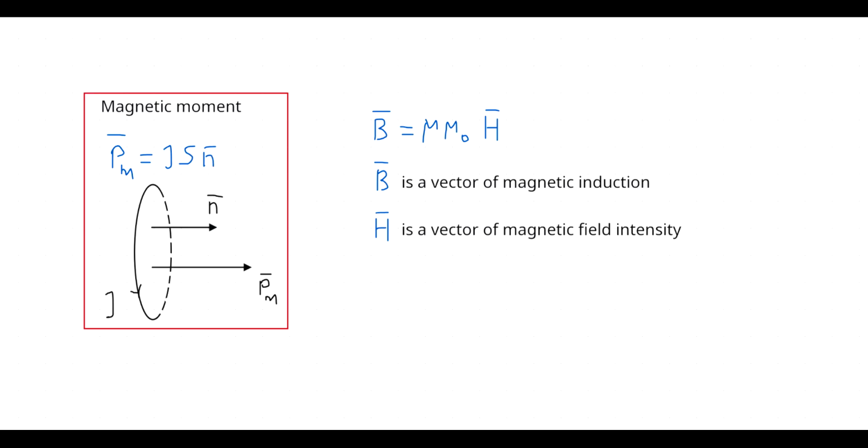Okay, and what is mu? So mu is magnetic relative permeability. Relative permeability.